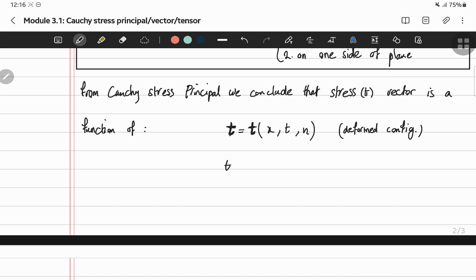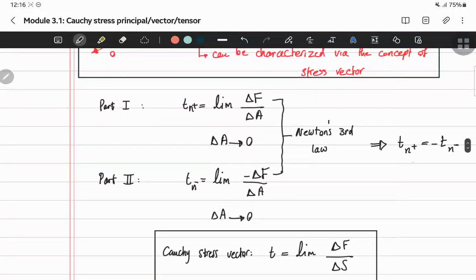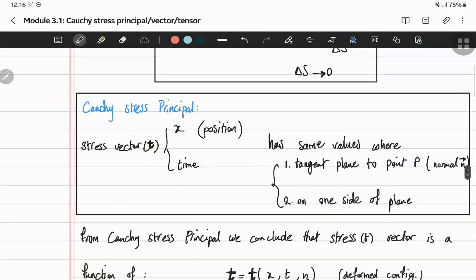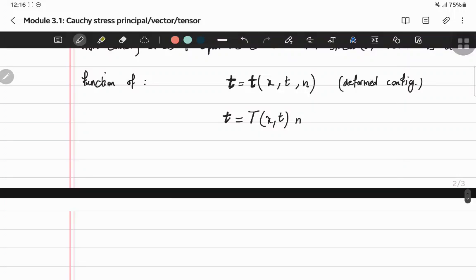And here, we can further simplify this to a tensor T, which is a function of x and t, of position and time, and n. Because here we said that they have the same values, but it is the vector n that defines the sign of the traction. So we can take this out.